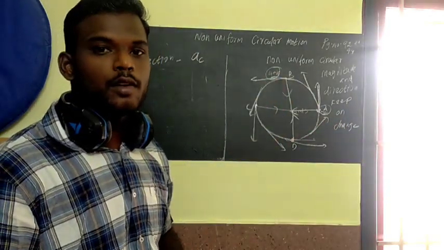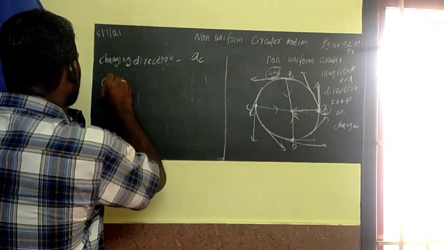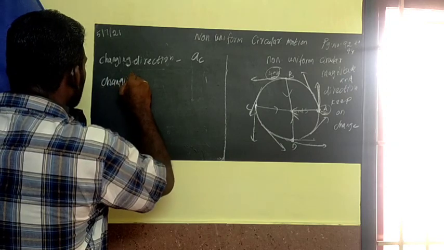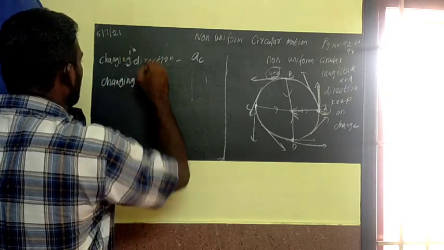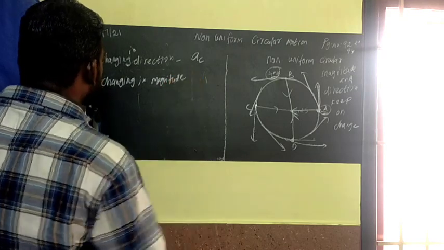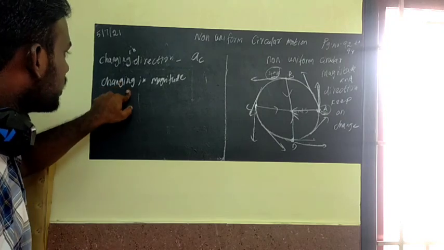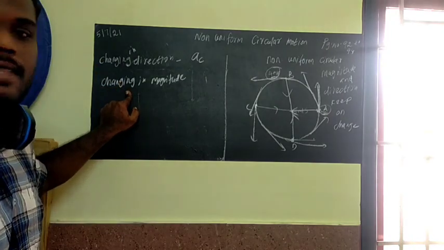At every point there is a change in the magnitude of velocity, and because of the change in magnitude, so I told you, whether you are changing the direction of velocity, there is acceleration. Whether you are changing the magnitude of the velocity, there is acceleration.